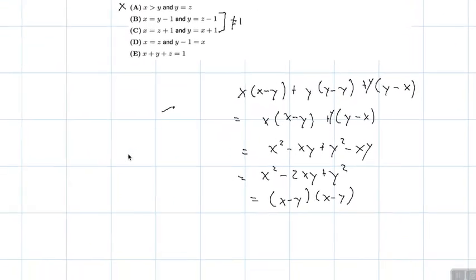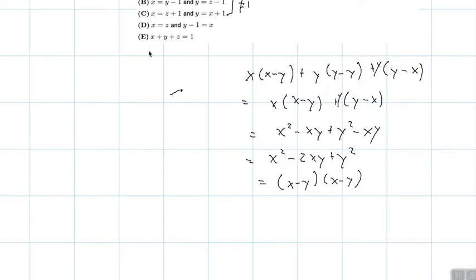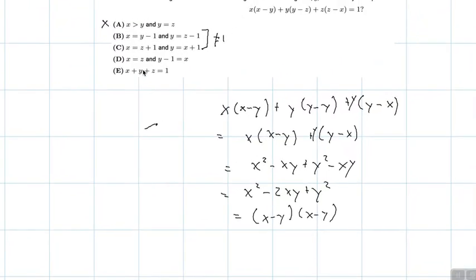Now looking at choice E. For choice E, this one isn't too difficult. For this to be true, one scenario could be that x, y, and z all equal a third.